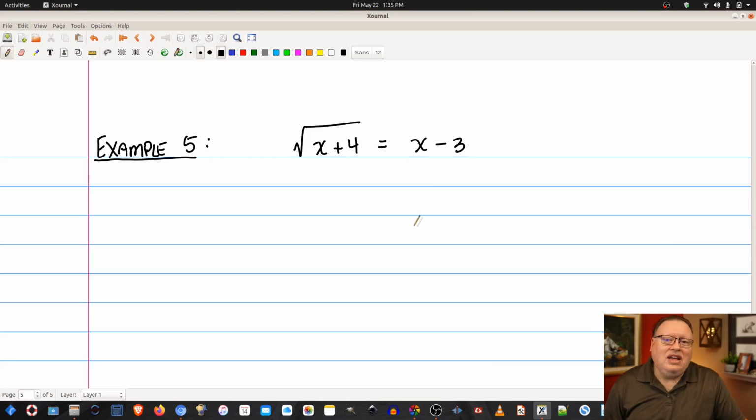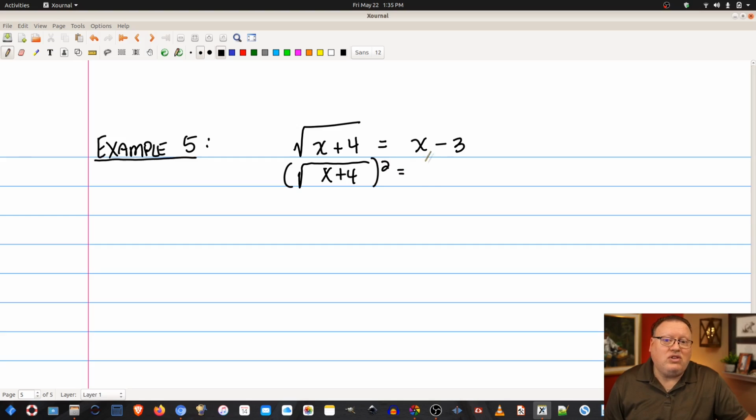Okay? So on this one, guys, we have a variable on both sides of the equation. We also have an x plus 4 under the radical, and this radical is isolated. It's on one side of the equation by itself. So now our next step is to square both sides. And I hope you see where this is going.